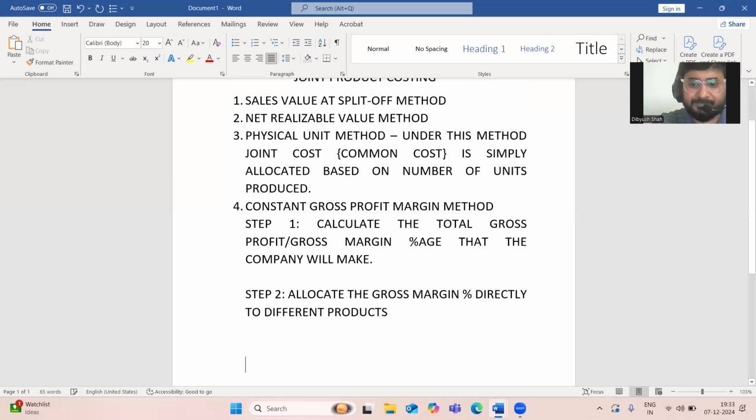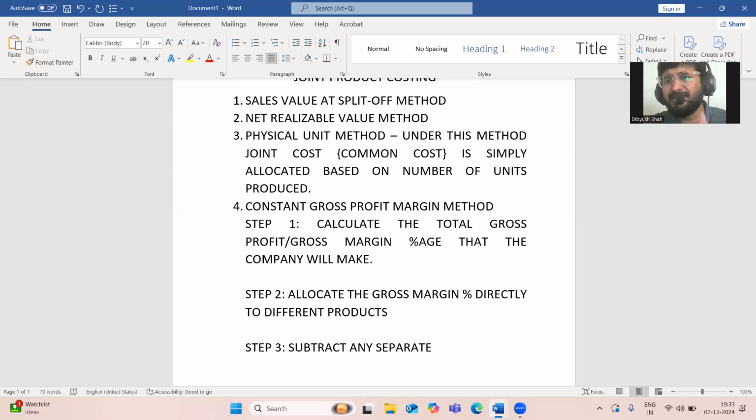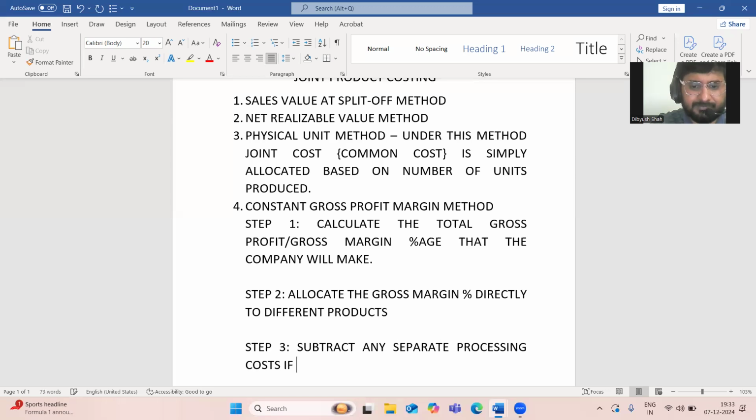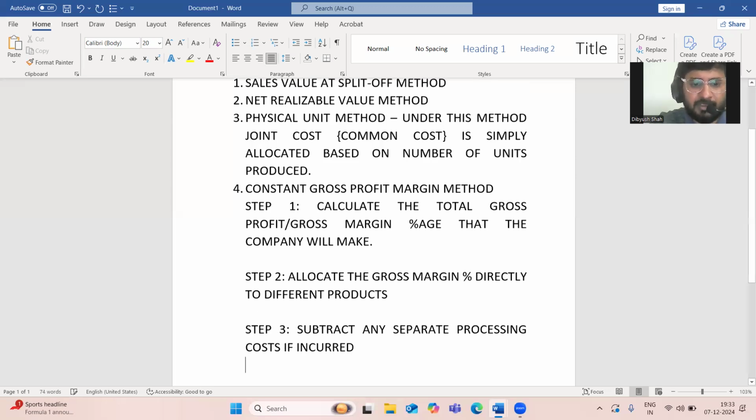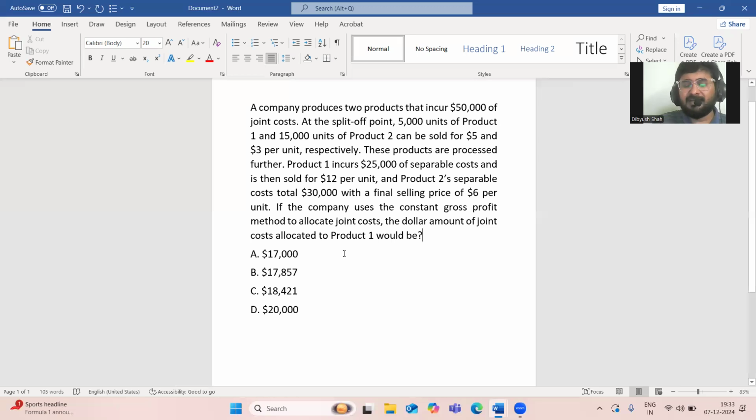Step 3, subtract any separate, that is identifiable cost. So joint cost will be the balancing figure. Of course, seems a little vague, right? So let's solve an MCQ that will make your understanding clear.